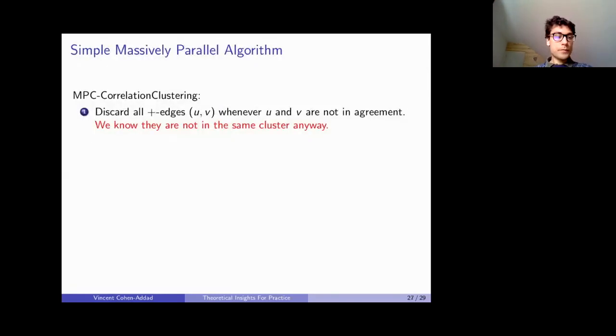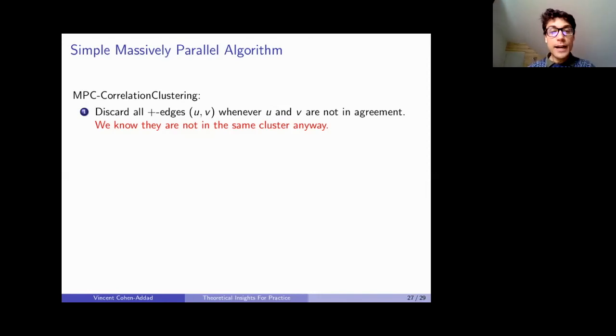And now, since I don't have that much more time, I want to describe the most basic algorithm you can think of for finding a constant factor approximation for correlation clustering, and it's an MPC algorithm because it's really simple. I'm hoping that everyone can get that, because it's really cool that it's so simple.